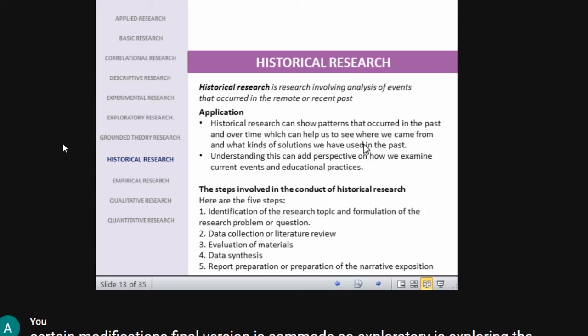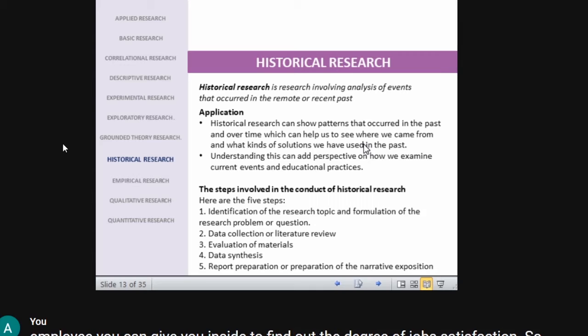So you are going back to when library science was started in India, or a comparison of the history of libraries in India and Europe. The facts are already available, but you are going back to the recent past or remote past, depending upon your research question.